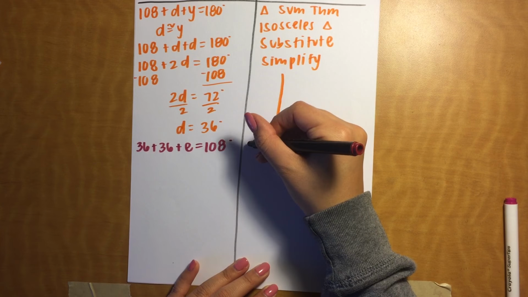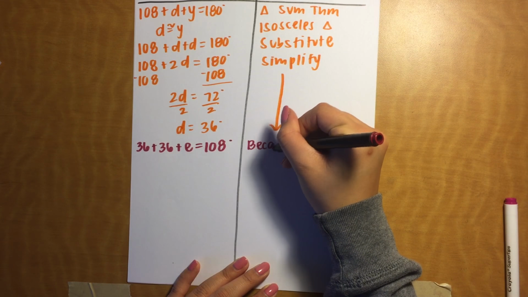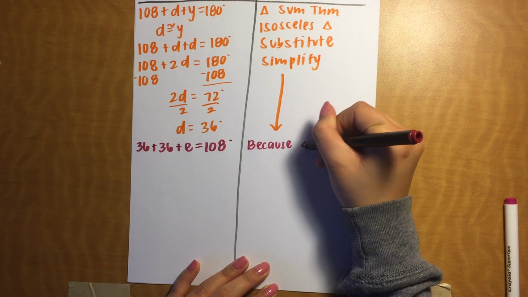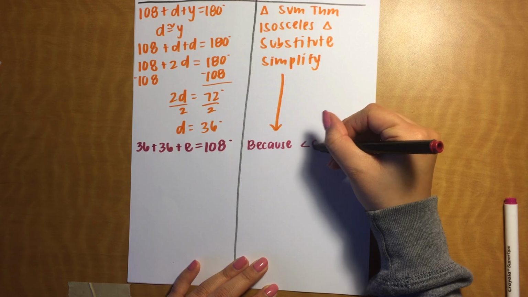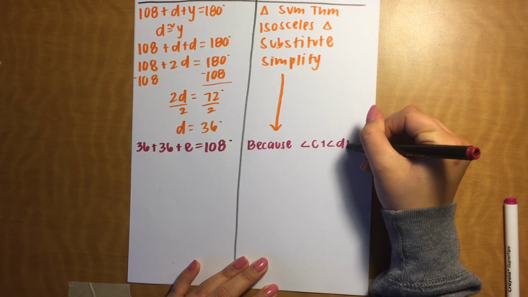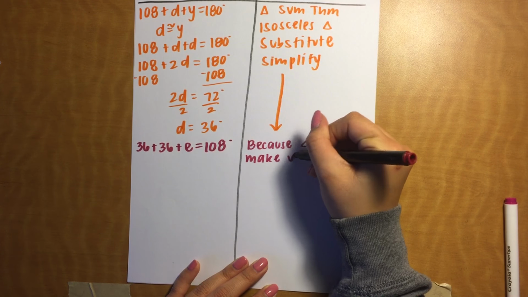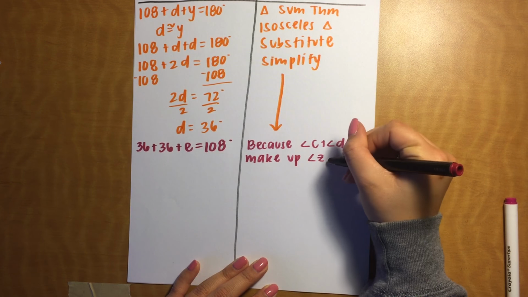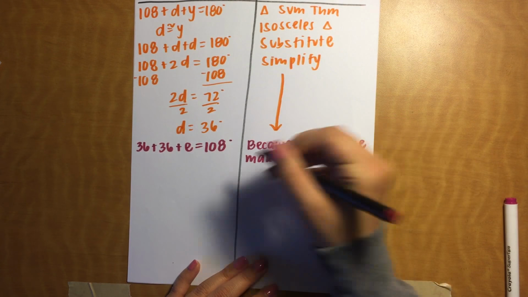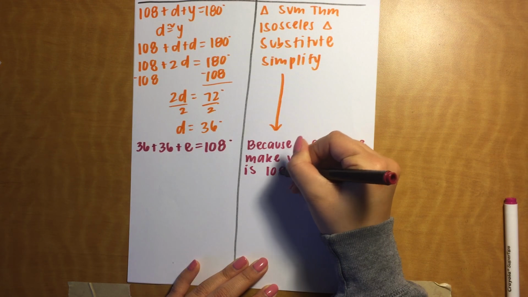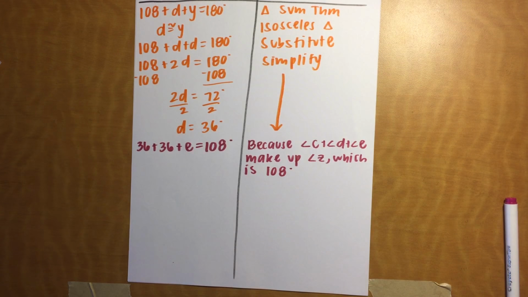We'll just write it out, because angle C plus angle D plus angle E make up angle Z, which is 108 degrees. There's no rule for that. Just write it out so we know what it is.